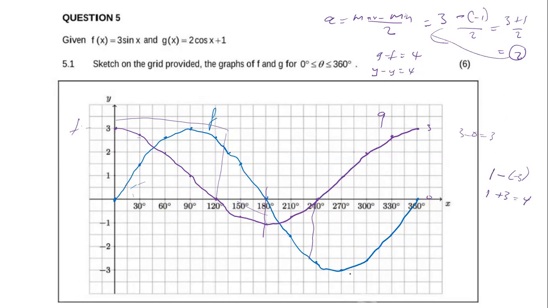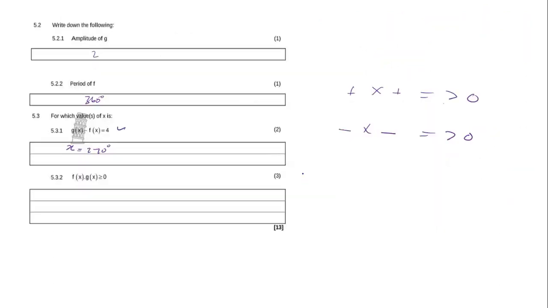And then here the solution is also totally out, because here it's positive and here it's negative. So our solution will lie between here and there. So it's going to be between 0 and 120 degrees. Again, we're going to have to include those solutions. It's going to be between 180 and 240 degrees.